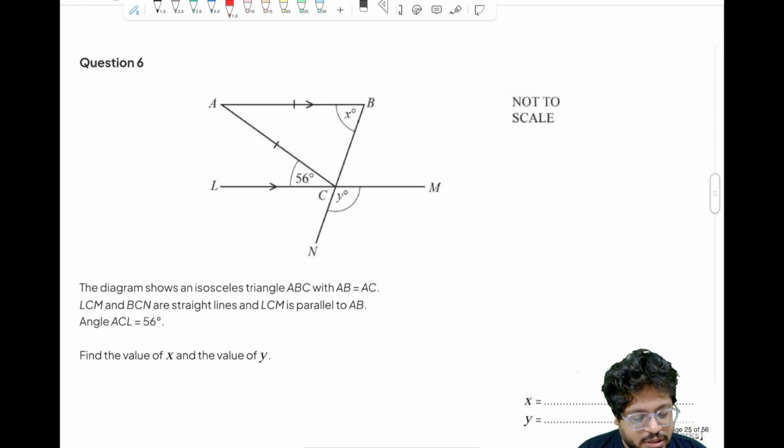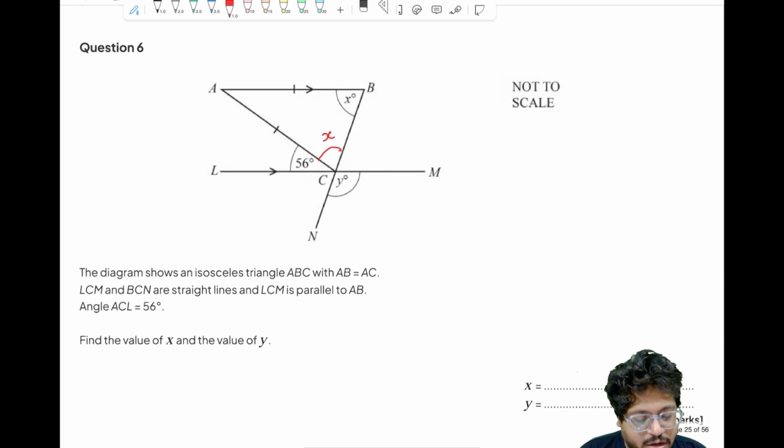See the sixth question. The diagram shows an isosceles triangle ABC with AB equal to AC. So it is an isosceles triangle, so this angle will also be equal to x, and LMC and BCN are straight lines, and LCM is parallel to AB.